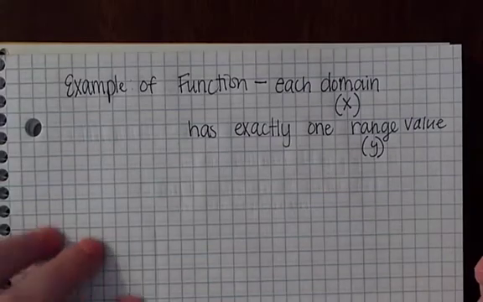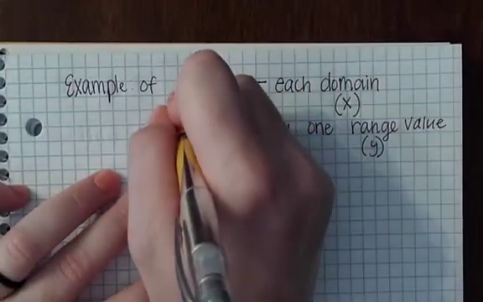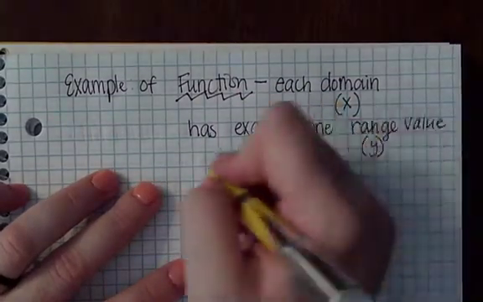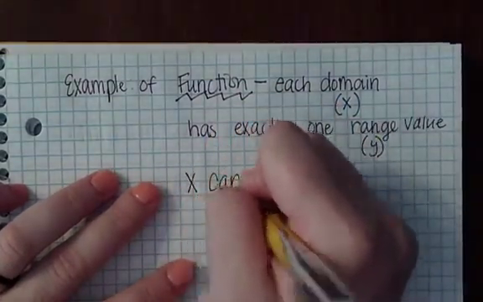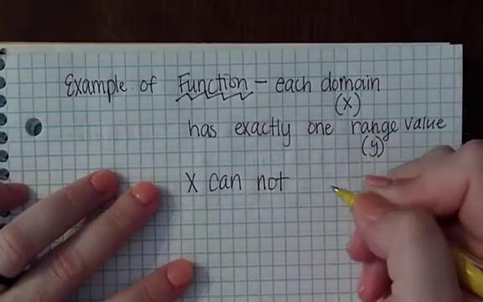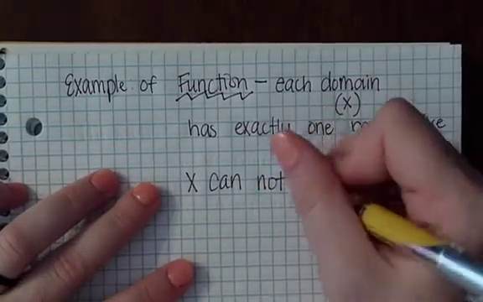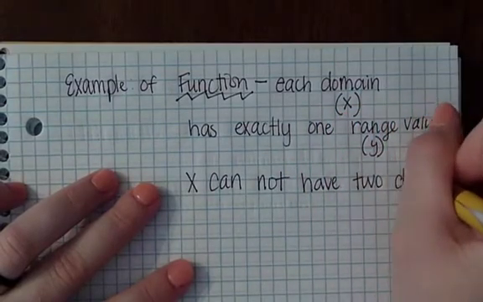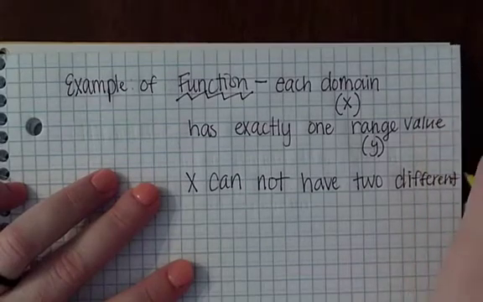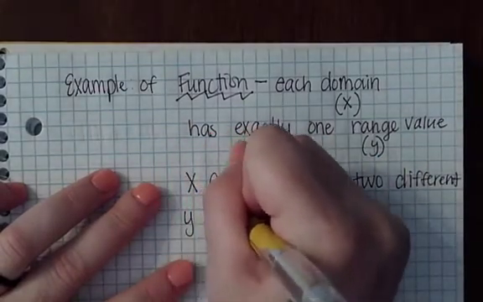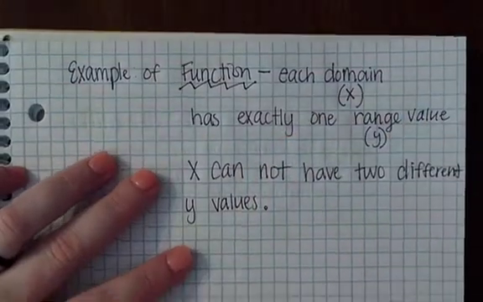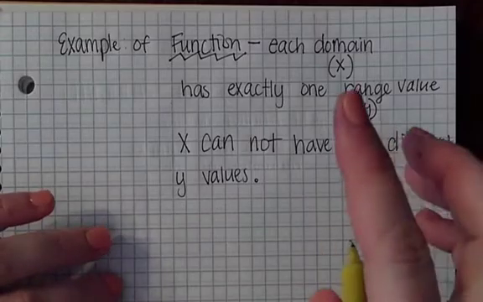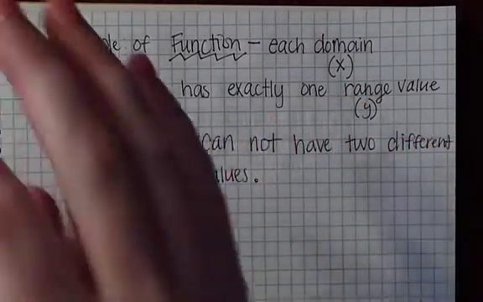Okay, so in order to be a function, X cannot have two different Y values. So if we were talking about number of shirts, I can't say that one shirt is $5 and one shirt is $12.